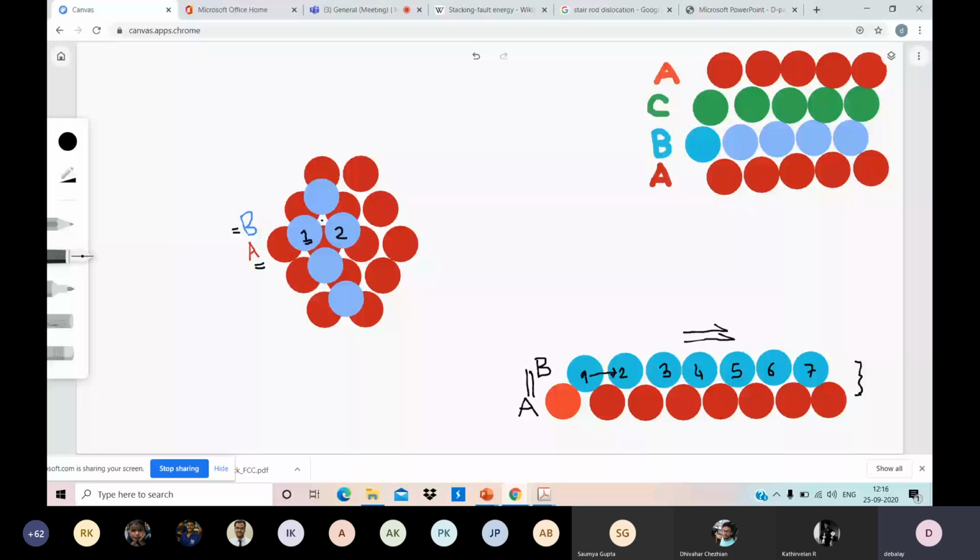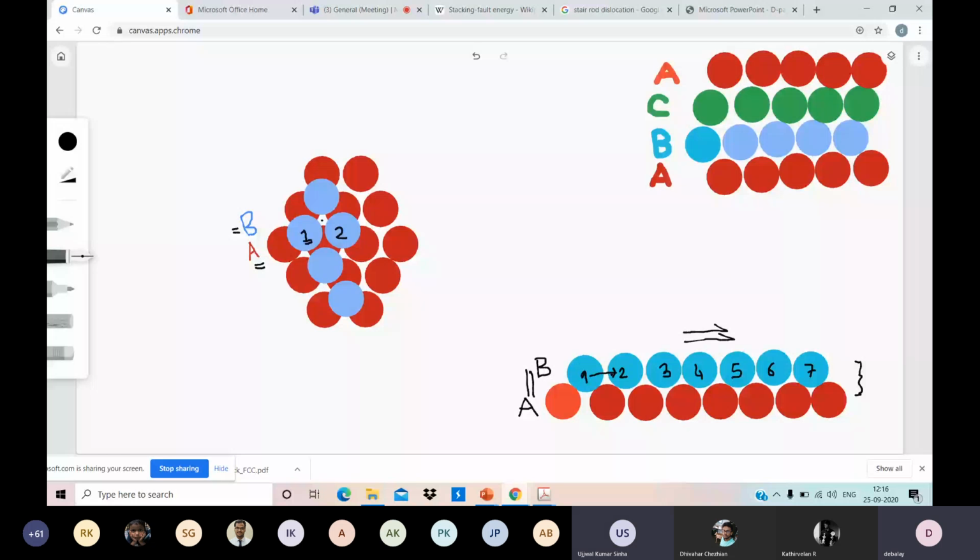It requires a high energy barrier to be crossed. Could you understand why? You tell why there is a high energy barrier I need to cross.